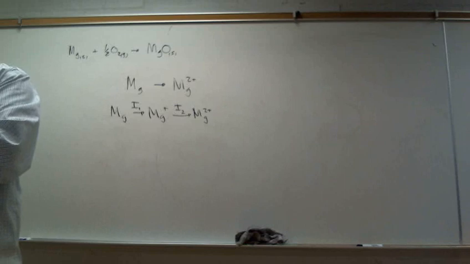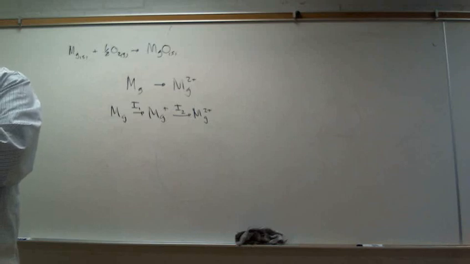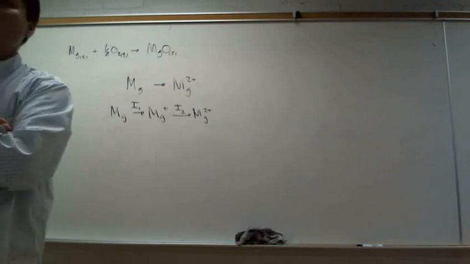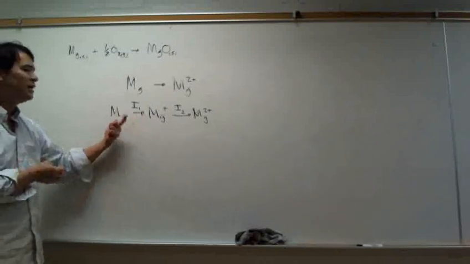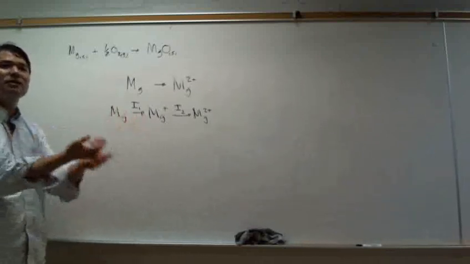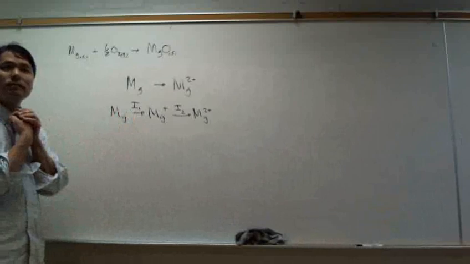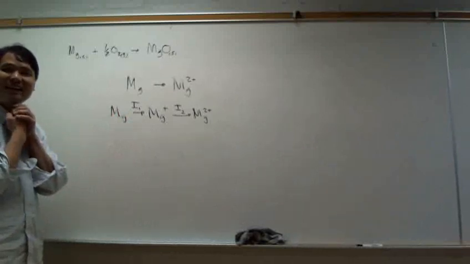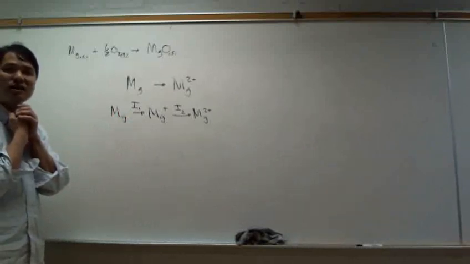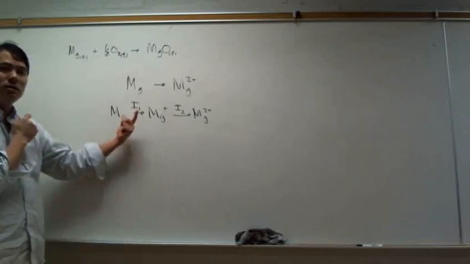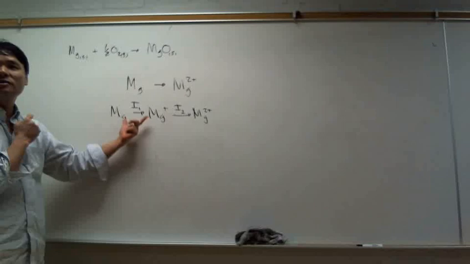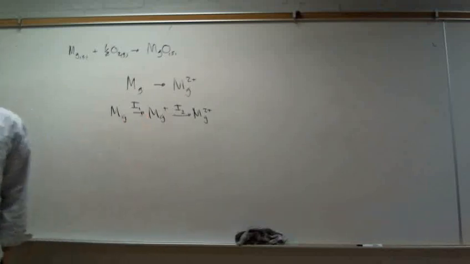Is that because sodium really wants to lose an electron, so it gives it away for free? In fact, it pays you to take the electron. This is what exothermic says to me. If this were exothermic, then magnesium is paying me to take the electron away from it. Does magnesium pay the oxidizer to take the electron away? No. It's going to cost the oxidizer some energy to oxidize.